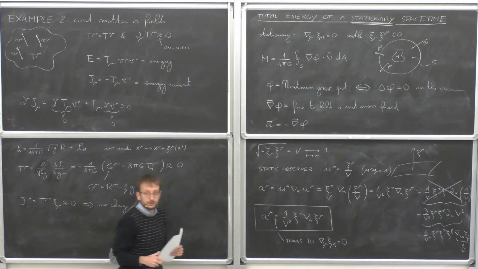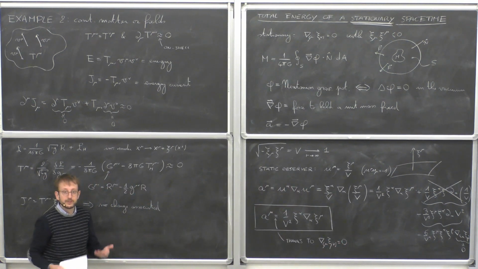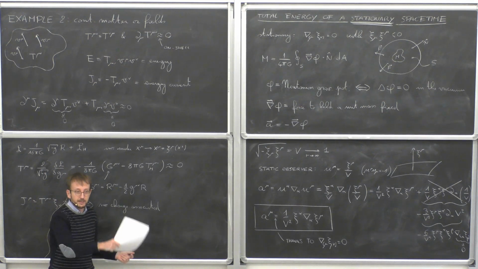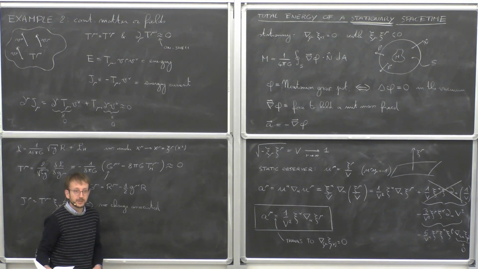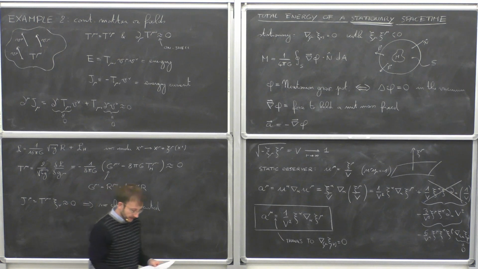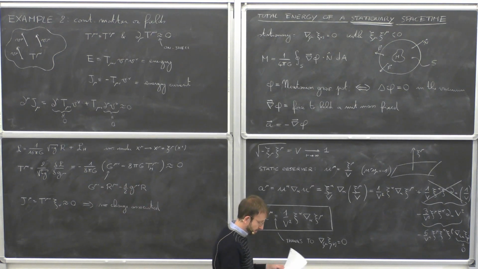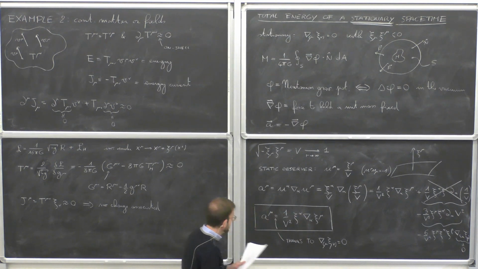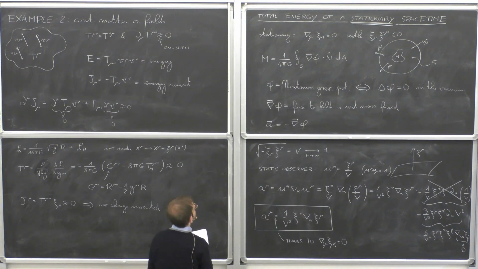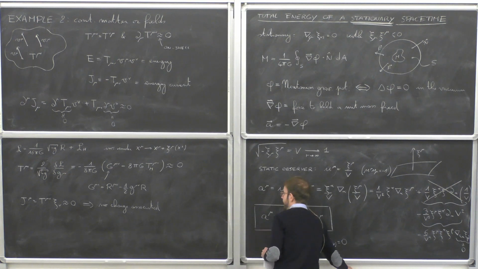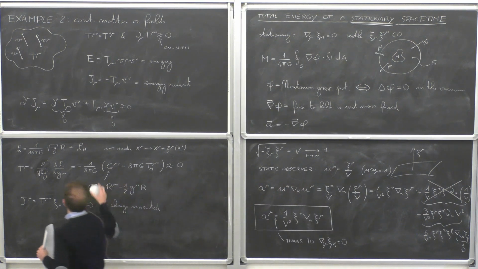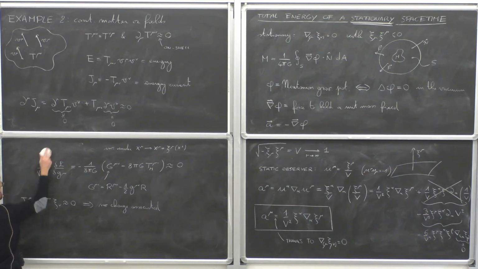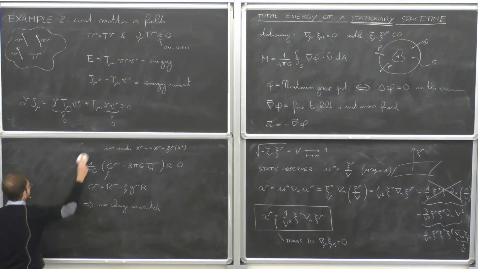That will be really crucial. So why can I do this only for stationary space-times? Because in several places I will be forced to use the Killing equation in order to arrive at the final expression that I want to consider. And okay, I'll go here.